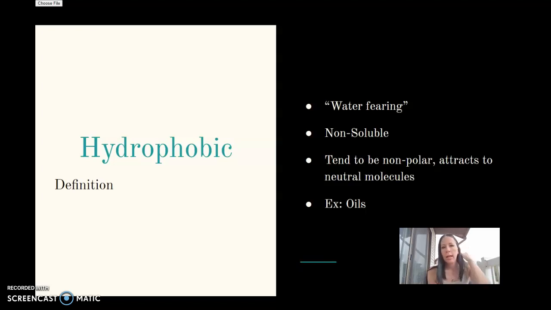And water, being a polar compound, essentially the polar opposite of the hydrophobic molecule, they repel each other, kind of like magnets. If you put magnets backwards together, you won't be able to get them to connect, which is the exact same thing as a hydrophobic substance.